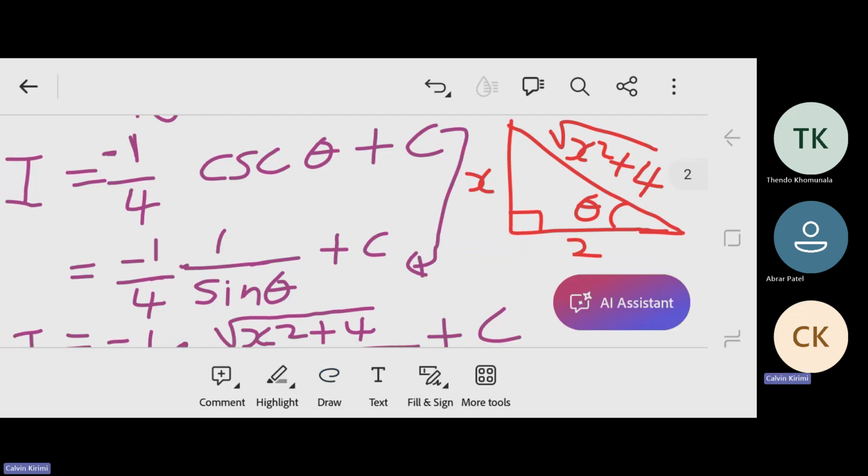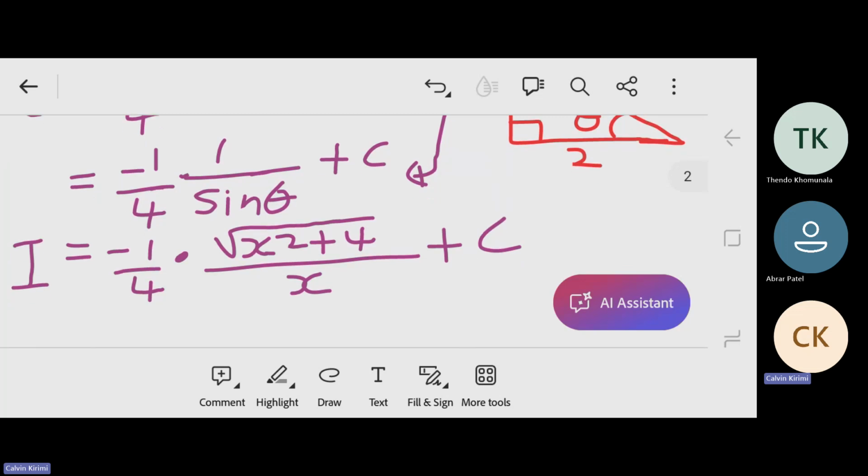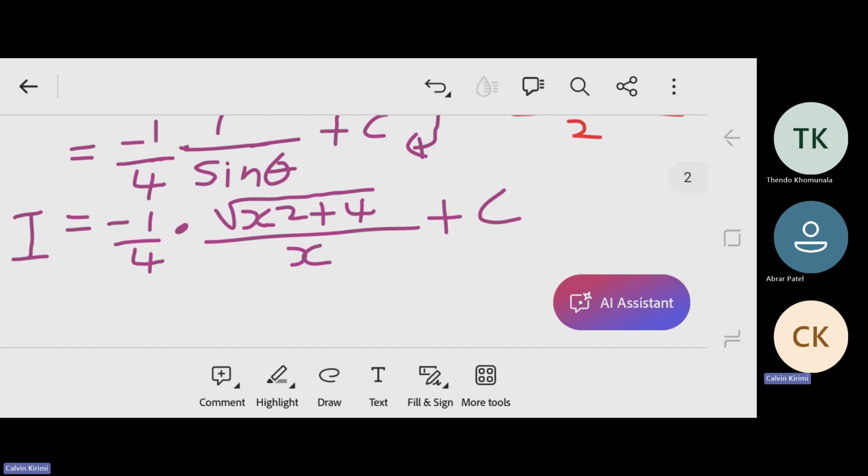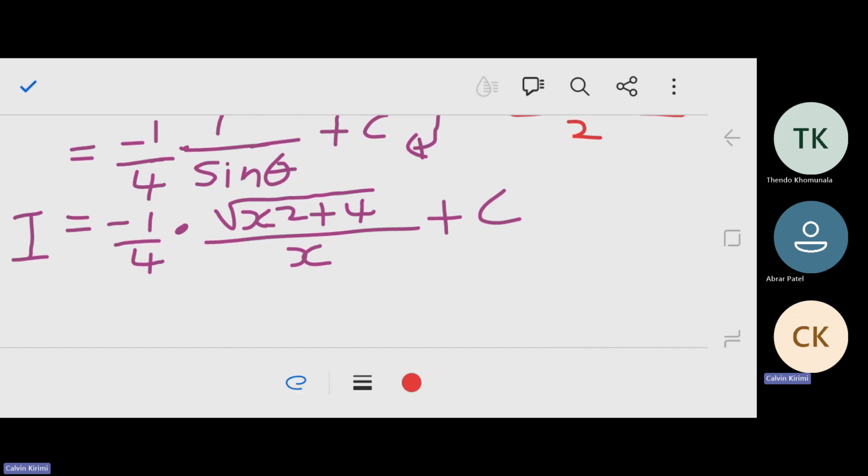So in terms of x, what is the value? What is the answer? So that is our answer in terms of x, because we were given the question in terms of x variable, which means we must also finalize our answer in terms of x.